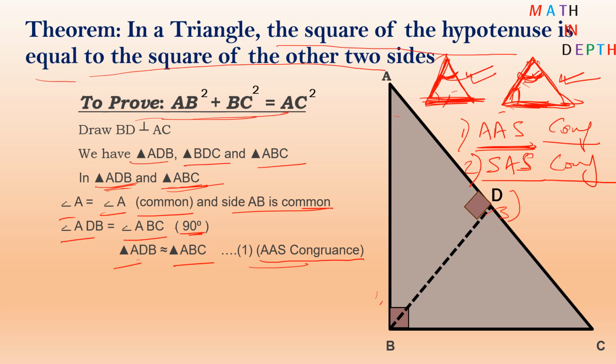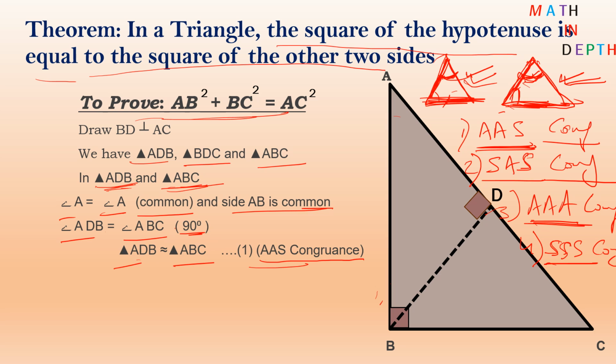The third one is AAA congruence. It means all the angles of these triangles are the same, then these two triangles are also similar. And the fourth one is SSS congruence. It means if all the sides of these triangles are the same, then also these two triangles are similar. So these are the theorems.